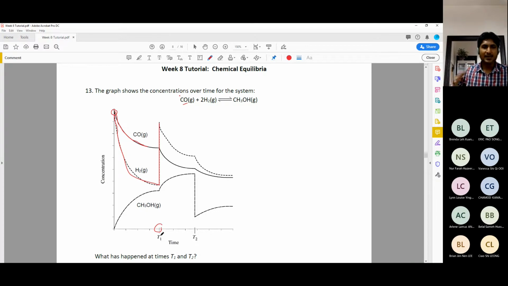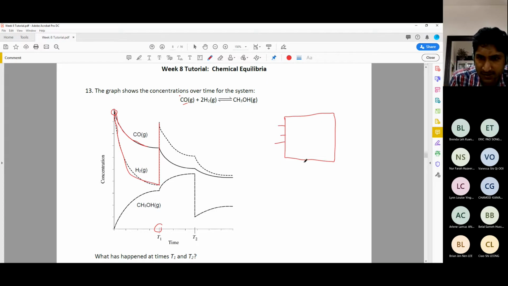Let me give you an example, a perspective. This is a reaction vessel, a closed system, a box.